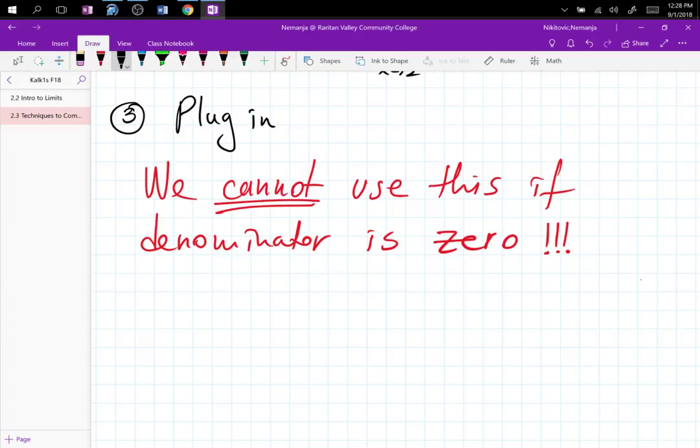So if you have, let's say, a limit of 1 over x squared as x goes to 0, and you go, oh, that's 1 over 0, and then you write does not exist, and I'm not happy.